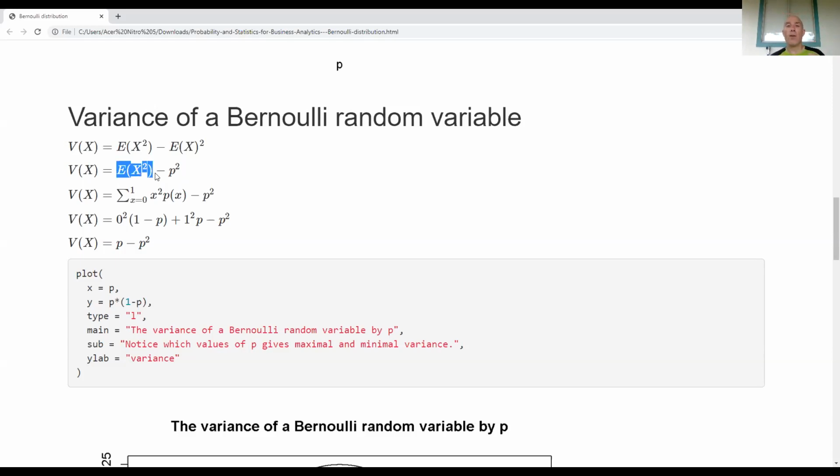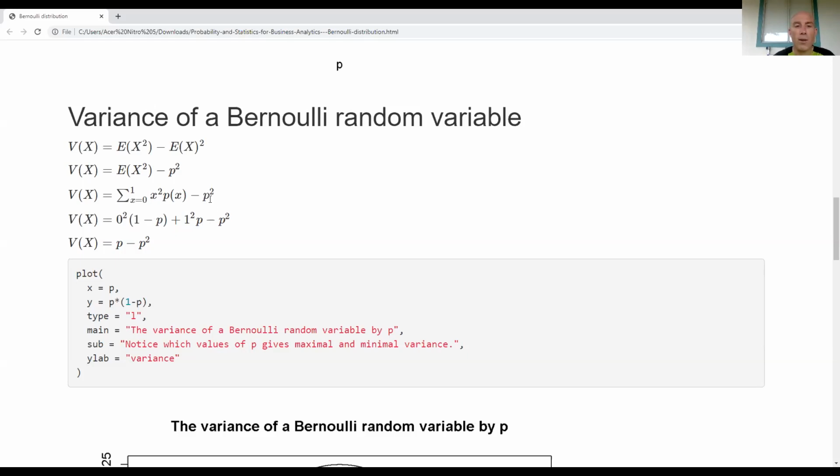So I'm going to have 0 squared times the probability of 0, and 1 squared times the probability of 1. That's why I have written here the sigma notation, the summation. Remember, when I do the expected value of x squared, I have to square the x. So I have 0 squared times the probability of 0, and 1 squared times the probability of 1.